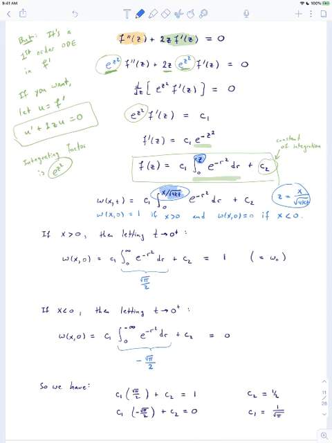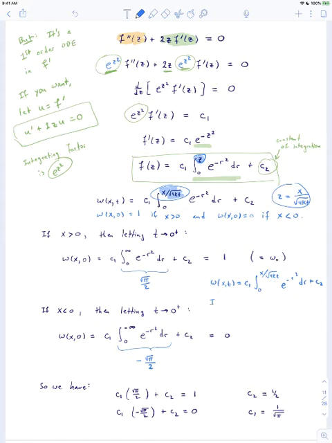So x is some fixed positive number. So we have that w at x comma t is equal to c1 times the integral from 0 to x over the square root of 4kt of e to the minus r squared dr, plus c2. We can't just plug in x at t equals 0 because we have a t in the denominator there, but we can compute the limit.